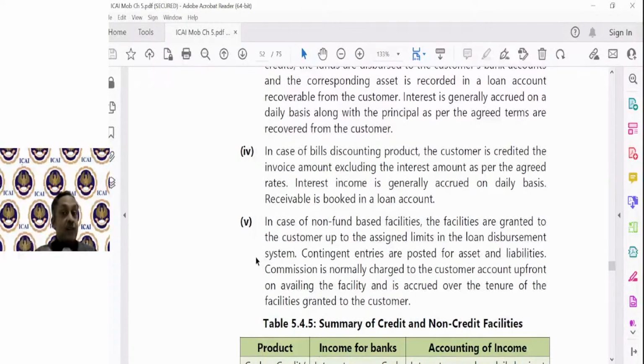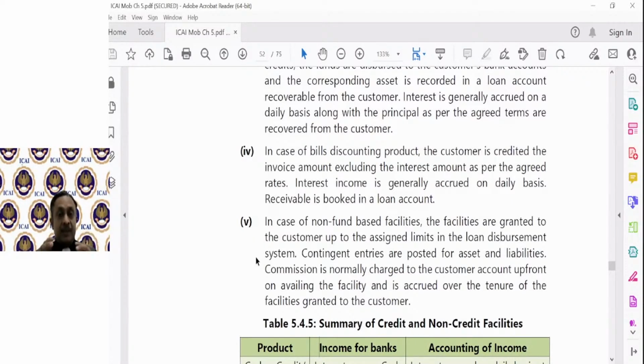As soon as that 1 crore is paid by the buyer's banker to the seller, what has happened? This letter of credit was only a document that said, what buyer's banker is saying, please give credit of 1 crore to the buyer. I give you assurance that if the buyer doesn't pay, I will pay. Who will pay? Buyer's banker. So as soon as this payment has to be made by the buyer's banker because of default of the buyer, this event in banking is called, you can keep a note of it, Manoj, devolvement of LC.